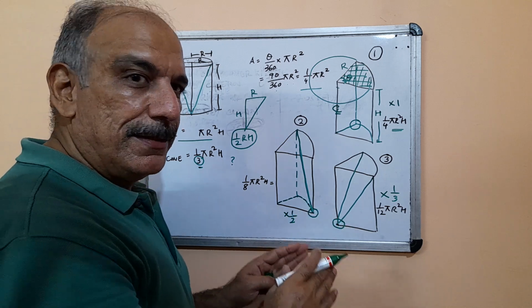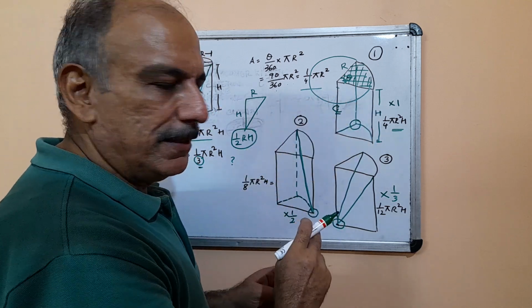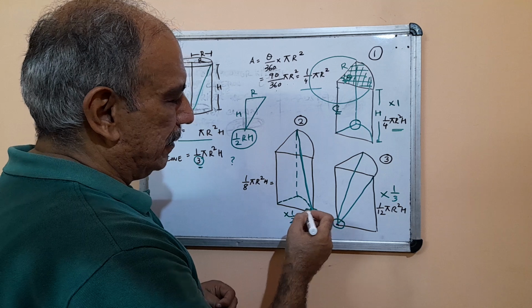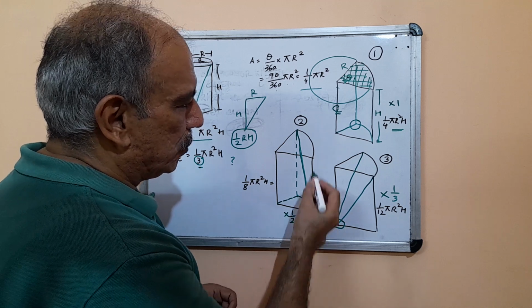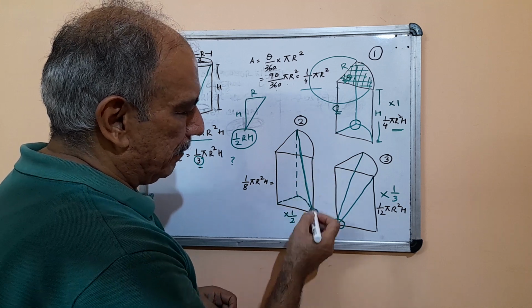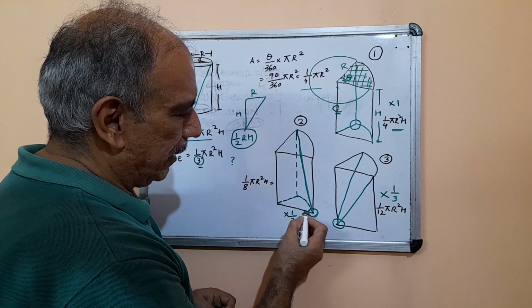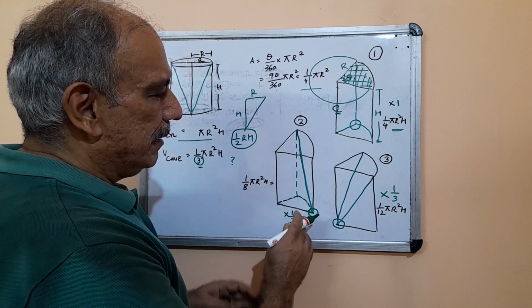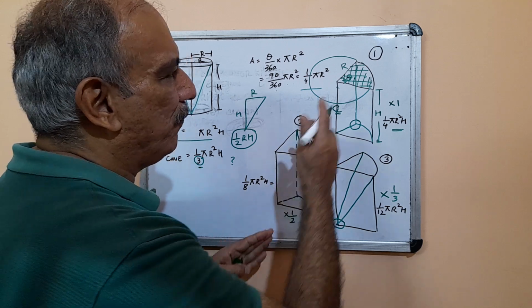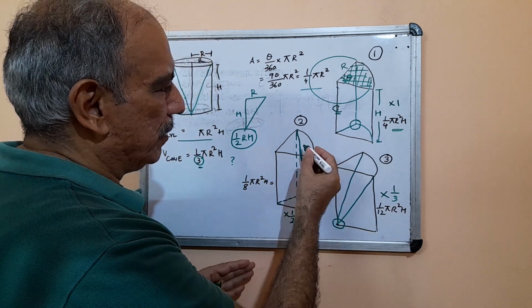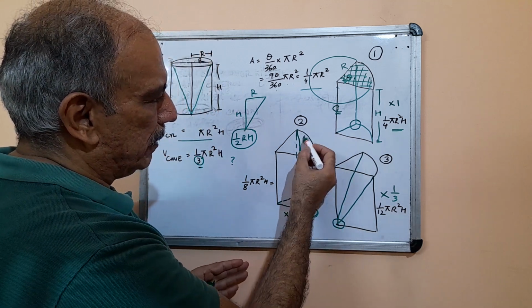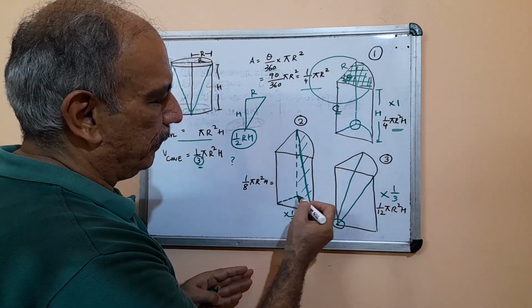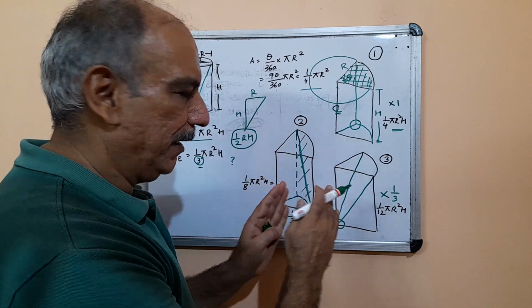So it is different from the first case. So when you cut it like this, then obviously these two lines are meeting here, right? And this third line is also meeting here, which means this is half of the first case, because now we have divided this whole surface into half.